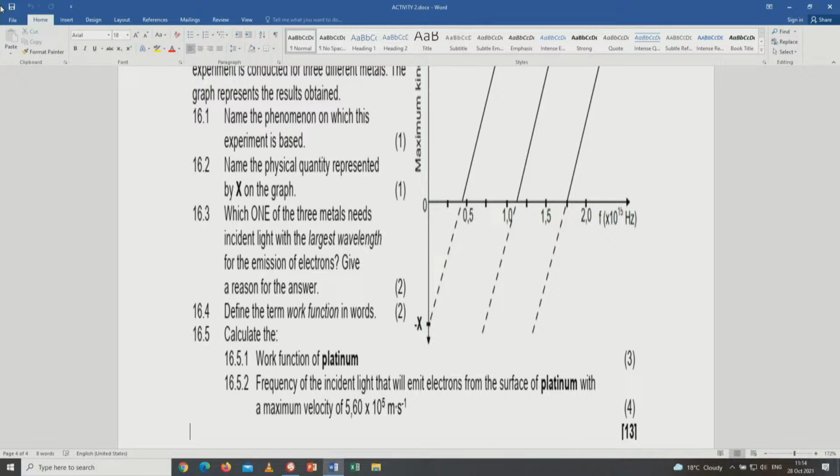We do not have kinetic energy, but we have the speed of the photoelectrons, meaning we'll have to express it in terms of that speed, which is 5,60 times 10 to the power 5 meters per second. And on the energy, what we are looking for is the frequency, so we'll express this energy as hf.